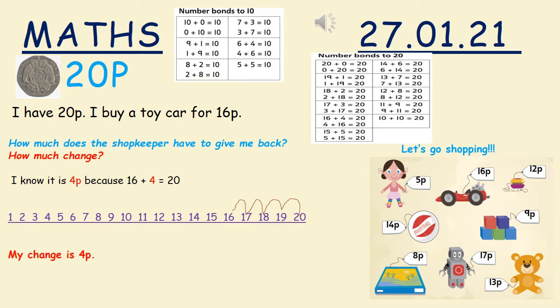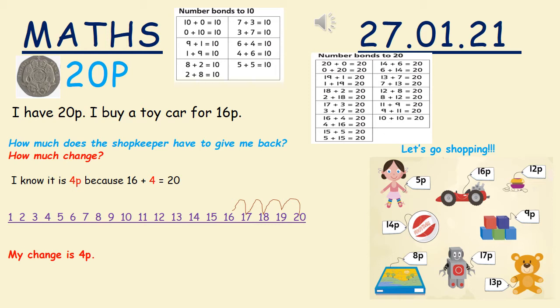So what I do is to count on from 16p to 20p. I know it's 4p because 16 plus 4 is 20. Look at your number bond. 16 plus 4 is 20. And if I count on from 16 to 20, it's 4. Look at the number line. You can use either strategy to help you.